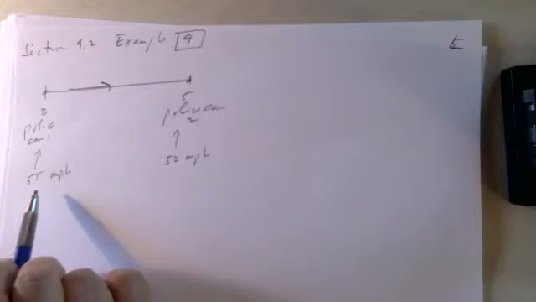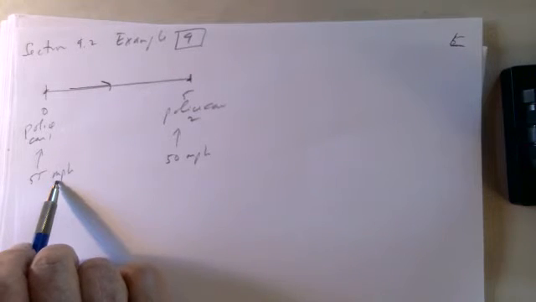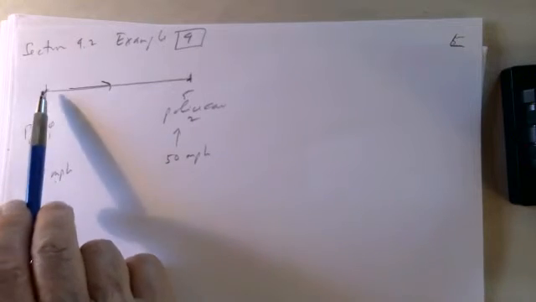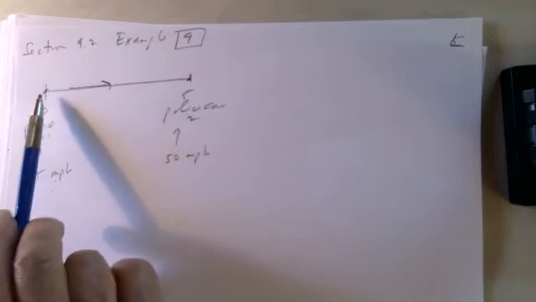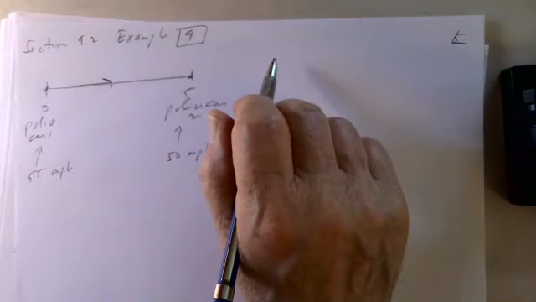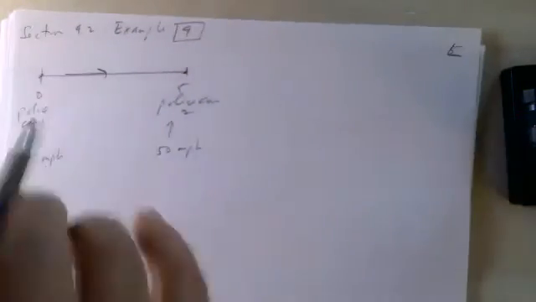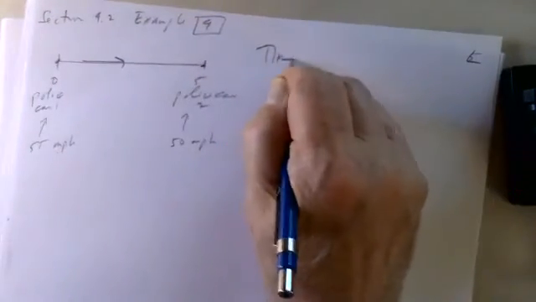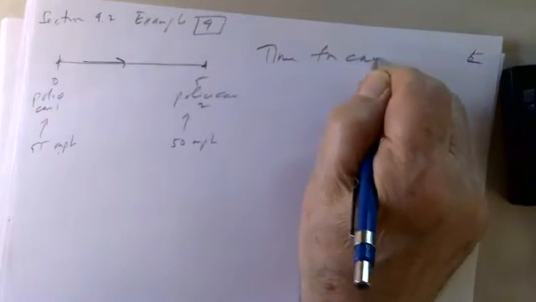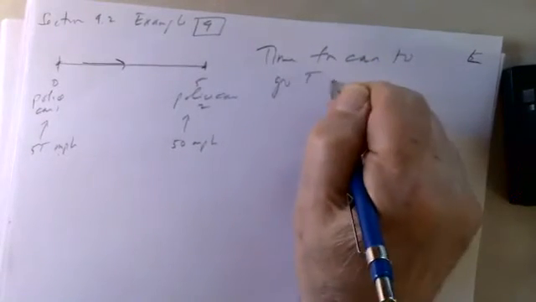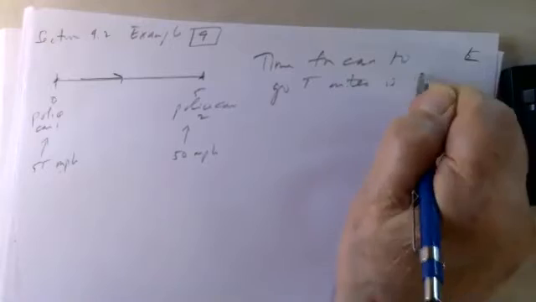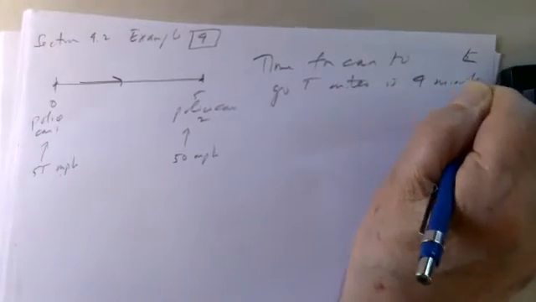But the police cars not only measure how fast the car is going, but what time it is. And the time it took the car to go this 5 miles is 4 minutes. So the time for the car to go 5 miles is 4 minutes.